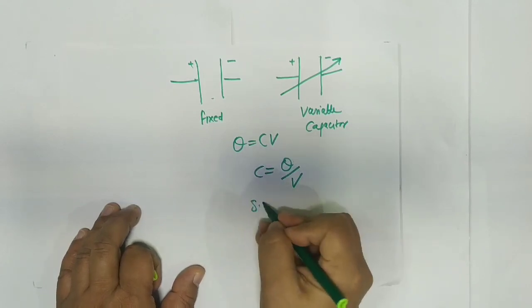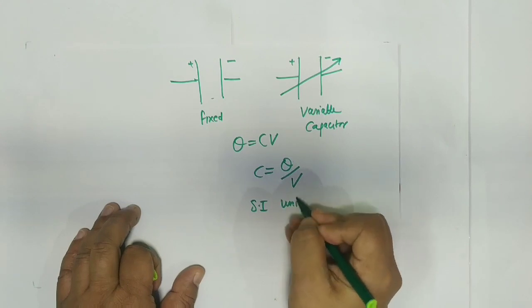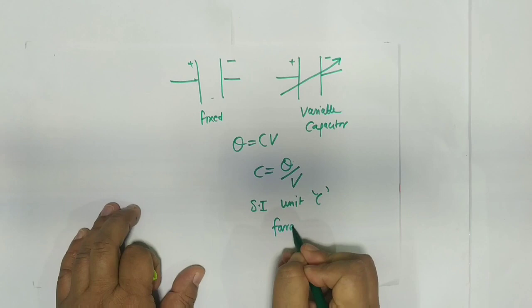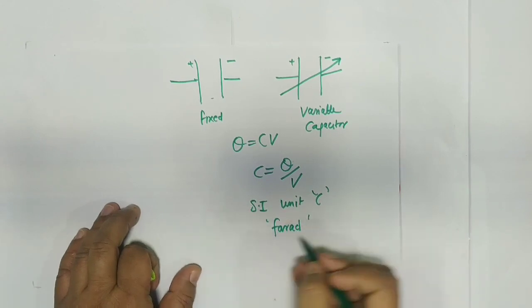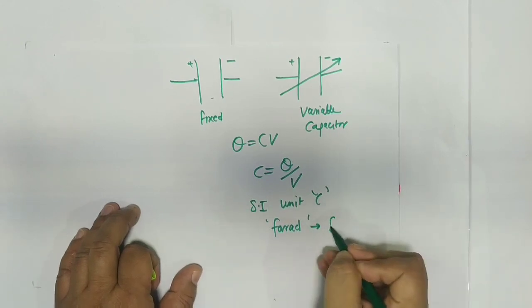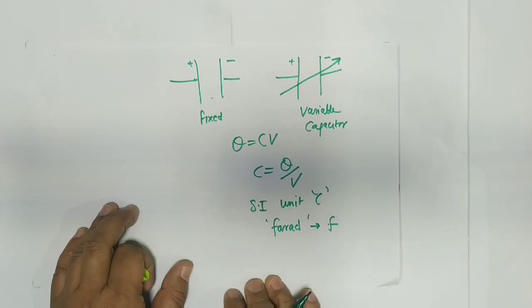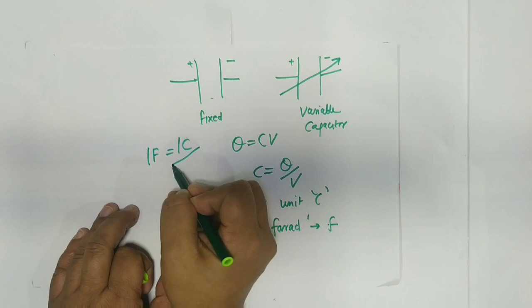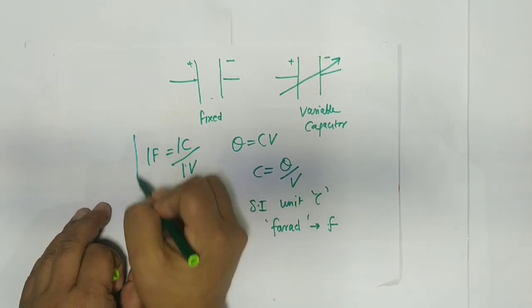Now what is the SI unit of C? The SI unit of capacitance is the farad, written as F. So 1 farad is 1 coulomb by 1 volt.